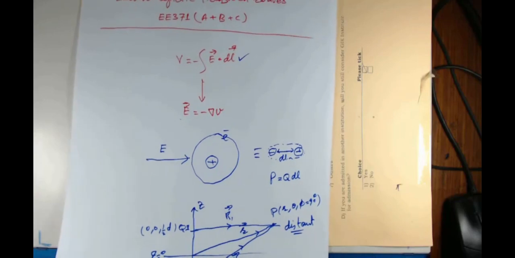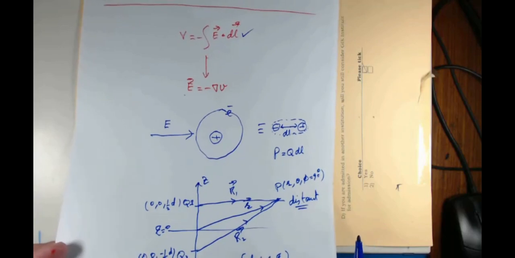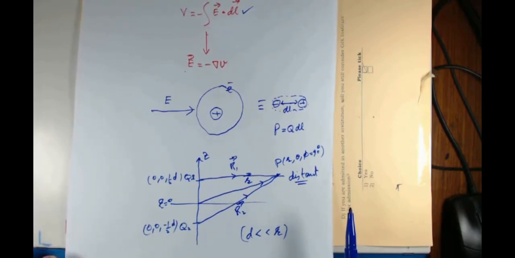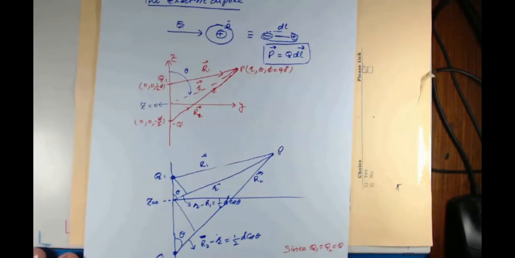So let us see the step-by-step derivation of potential due to the electric dipole, which is aligned along the z-axis, at a distant point P. As I told you, there is a difference when we are very close to the electric dipole.